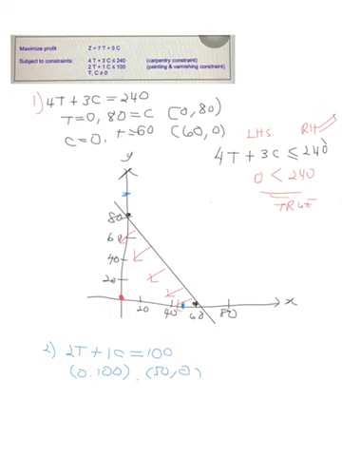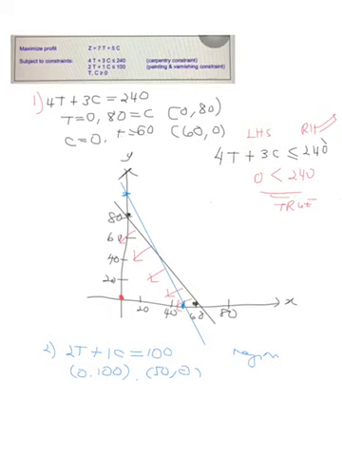Continue by drawing the line for the second constraint. Now we have to determine which region belongs to this second constraint, whether it is above the blue line or below the blue line. Check at the same point, the origin (0, 0).